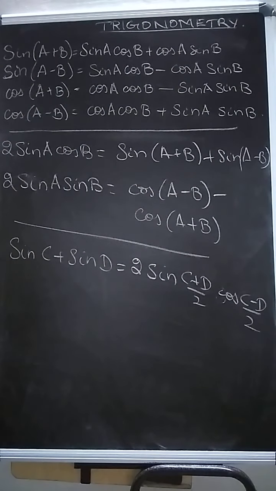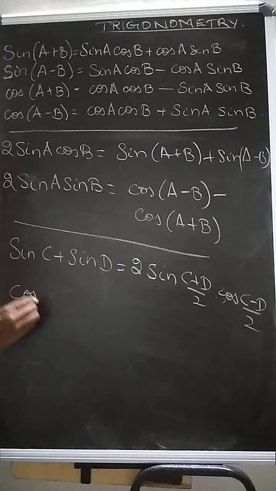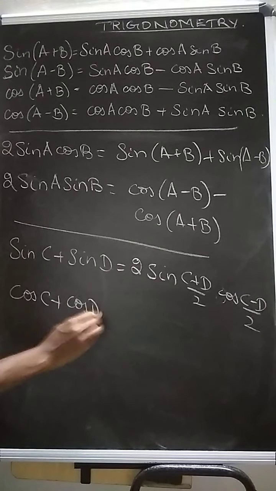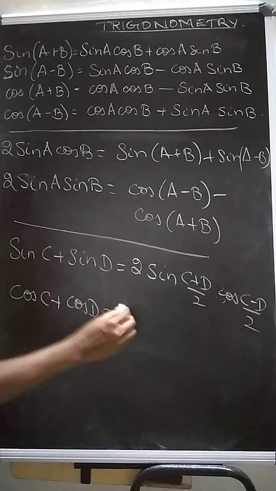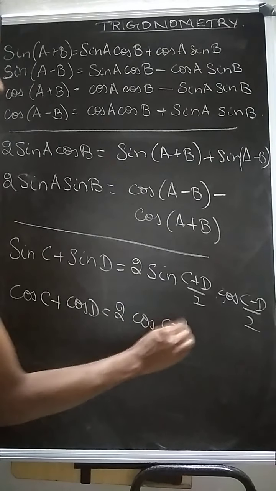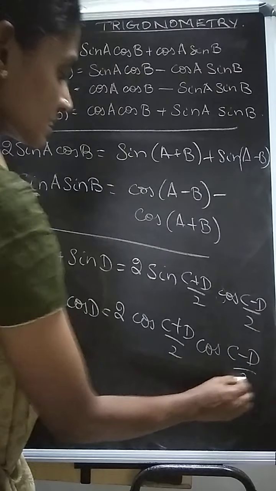Now, write anything else. Now, I want cos c plus cos d. So, cos c plus cos d. So, these two get cancelled. So, what will I get? 2 cos (c plus d) by 2 cos (c minus d) by 2.